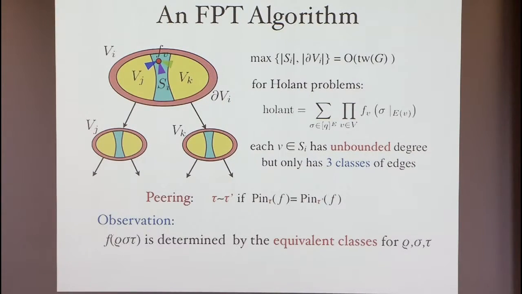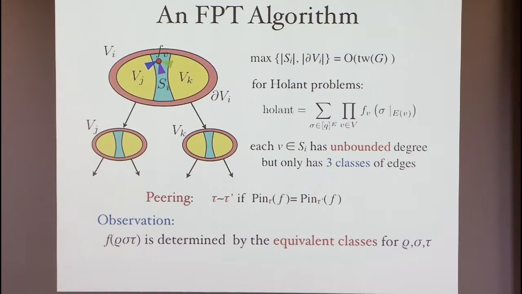An observation is that the function value can be fully determined by the equivalent classes of the partial input. Imagine this is still the parity function. Once we know the parity of the three parts, the function value is determined. And the parity of those three parts are just the equivalent classes for the actual configurations of those parts.